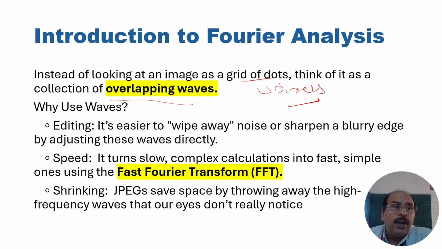Okay, so why do we want to do that? We want to do that because we can edit it more easily, with much higher speed. Complex calculations can be broken down into very simple calculations and can be more effective when it comes to fast Fourier transforms. We'll see what it is.